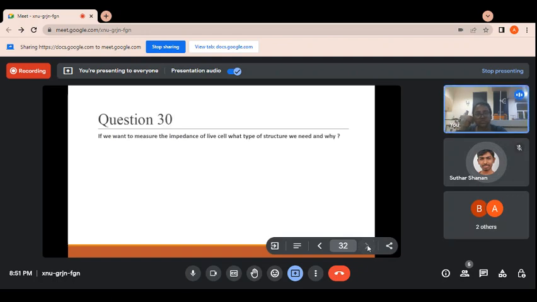The last question is, if we want to measure the impedance of a live cell, what type of structure do we need and why? We need to create a well around an interdigitated electrode. In which temperature can the live cell survive? The live cell is the same as our body, around normal body temperature.